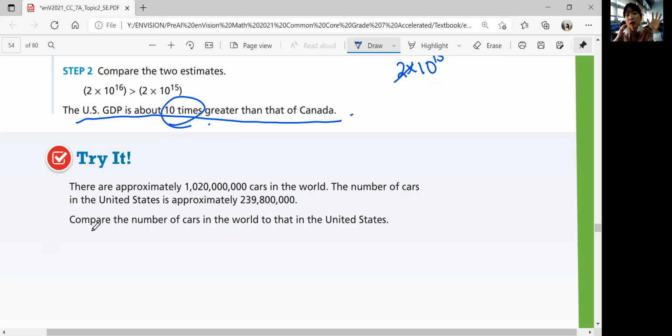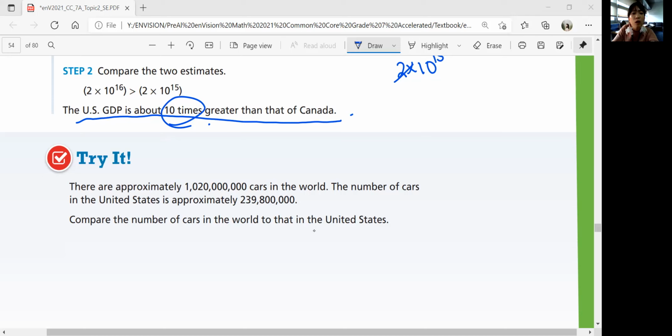But compare how much greater is it than the United States? Or how much smaller is the United States compared to the number of cars in the world, right? So think about it, solve it, and come back when you are ready.